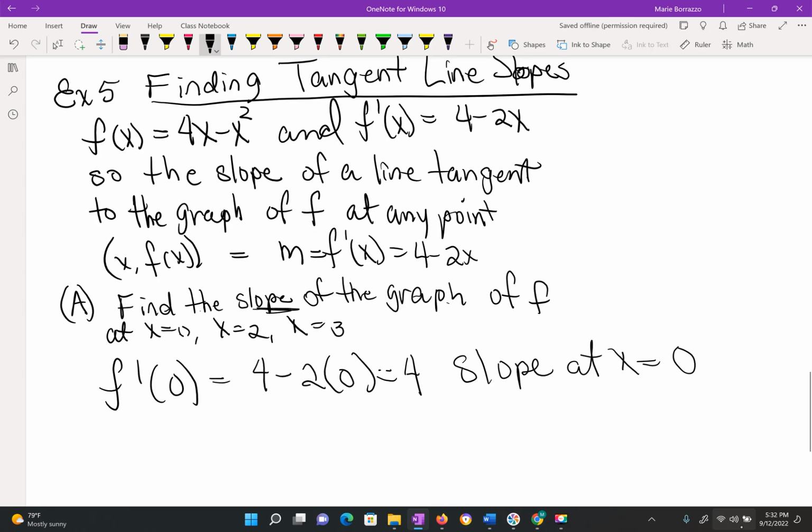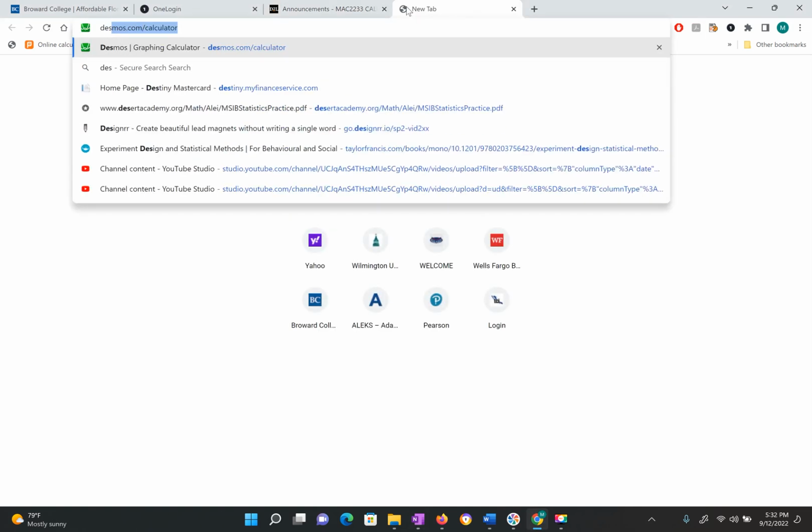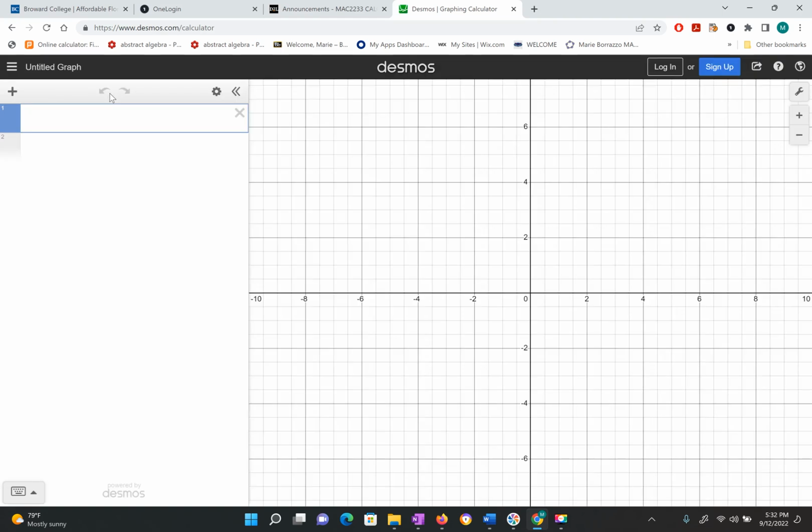Let me stop right here for a moment because I want to draw you the picture. So let me go to Desmos for 1 second so you see. Okay, so we're going to graph f of x is equal to 4x minus x squared.